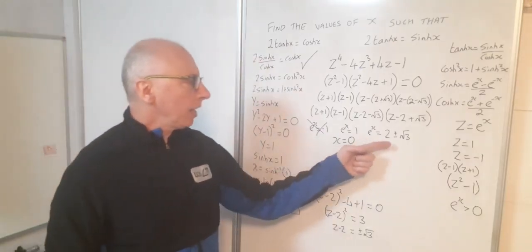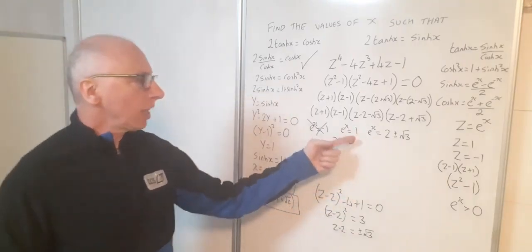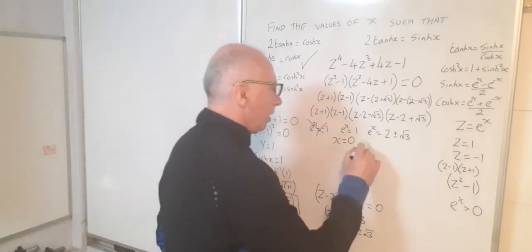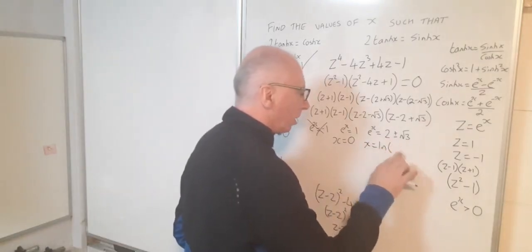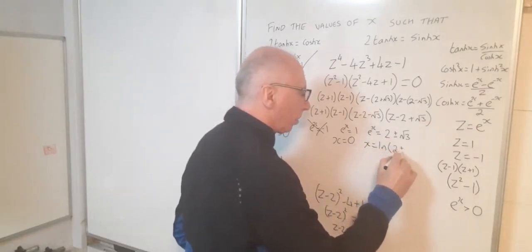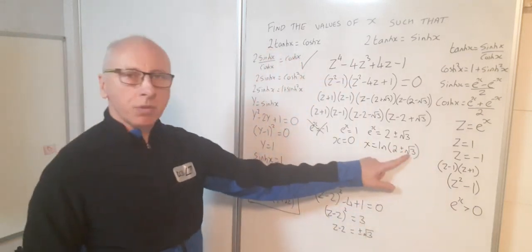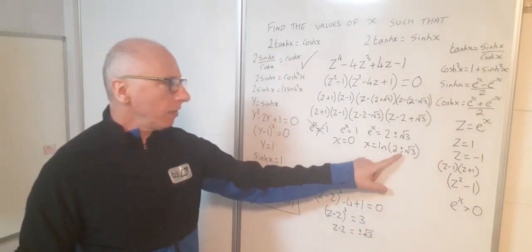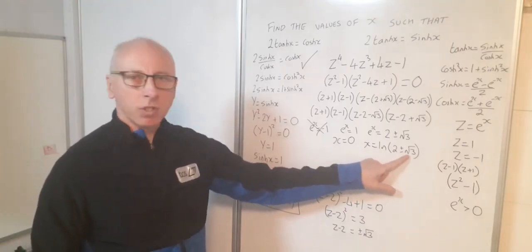And what do we have here? E to the x equals 2 plus or minus root 3. So if we take the log on both sides, x equals the log of 2, let's make that nicer, 2 plus or minus root 3. So is root 3 when subtracted from 2 negative? Well, root 3 is about 1.7, so that will still be positive.